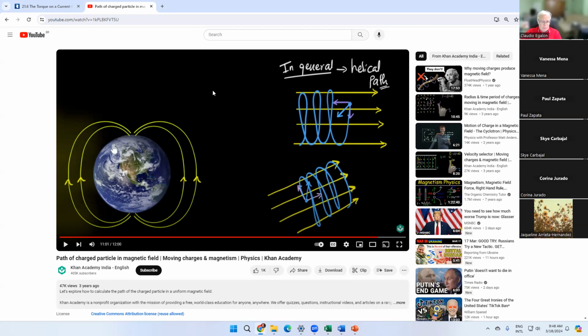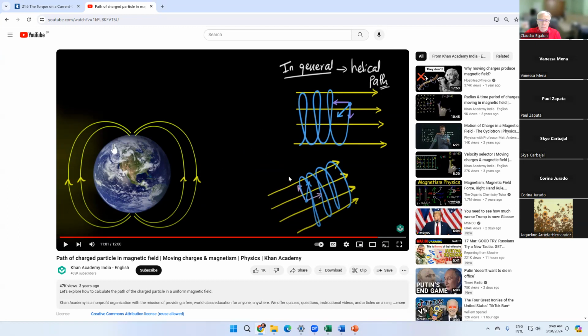In the interplanetary space nearby the Earth, we have lots of charged particles that come from the sun. That's the solar wind. And those charged particles usually get trapped in the magnetic field of the Earth. And what's going to happen?